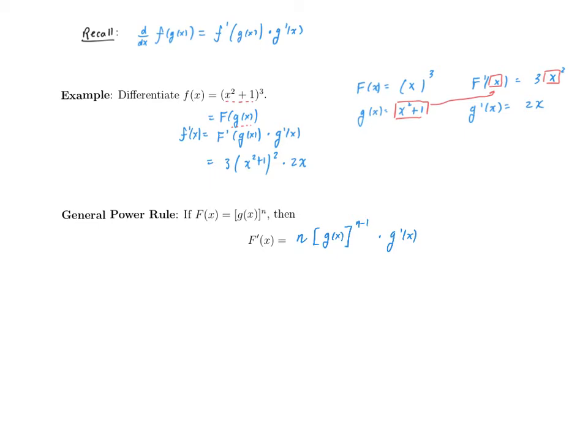And note, if you compare, that is precisely what we have done in the above example. To be honest, I usually hesitate to write down this general power rule because it's just a particular application of the chain rule. But it is a nice thing to think about in terms of just purely pattern recognition.